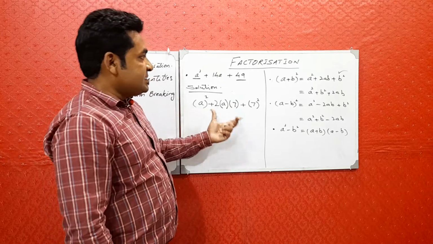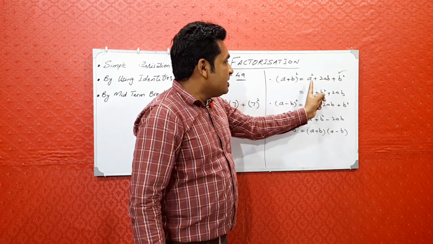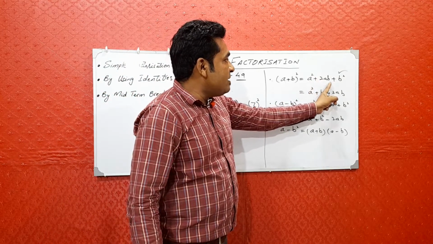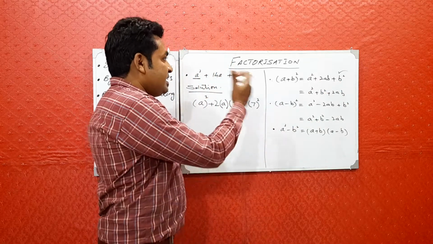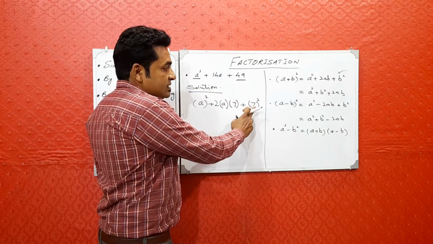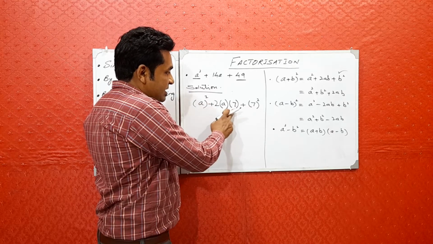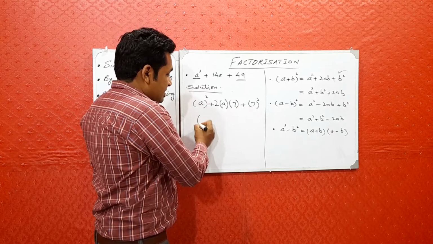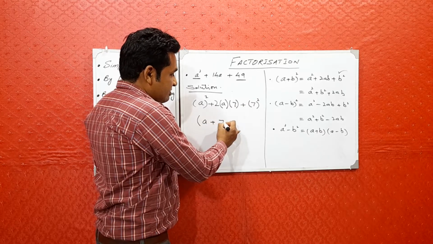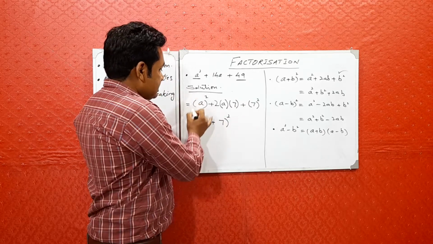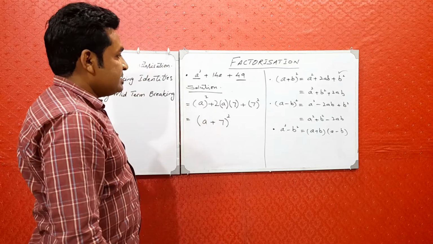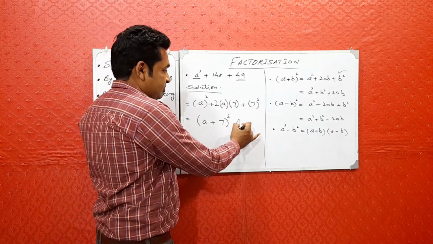You can match this with a squared plus 2ab plus b squared, where in place of b we have written 7. So we can write a plus 7 whole squared, and this is the factorization of this expression and the answer of the question.